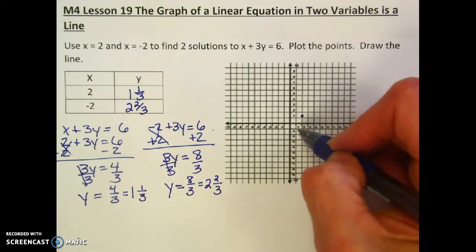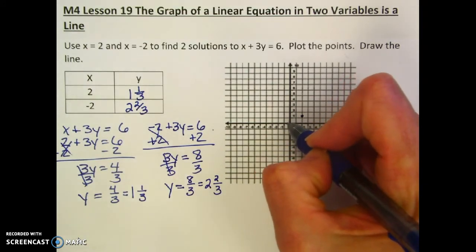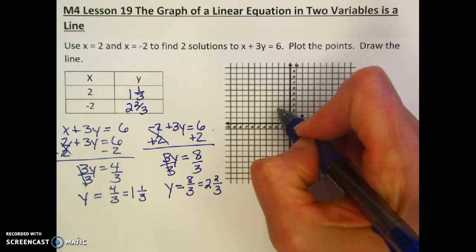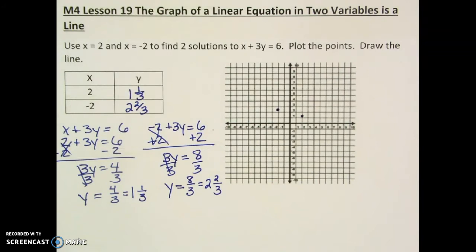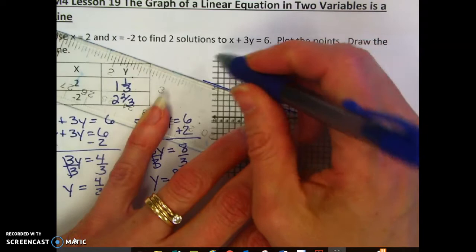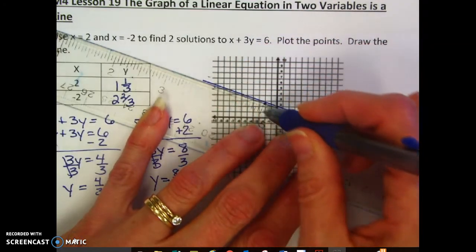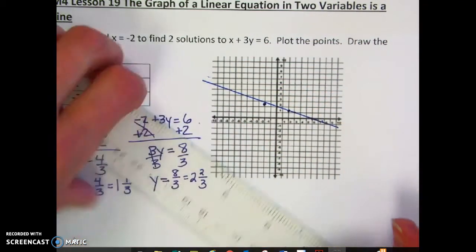And then negative 2 is up 2 2/3. All right, so now I'm going to draw the line in there. Okay, so I'm drawing the line there.